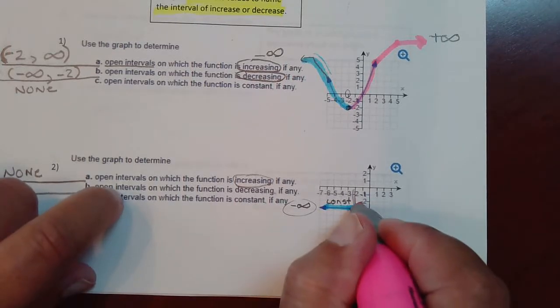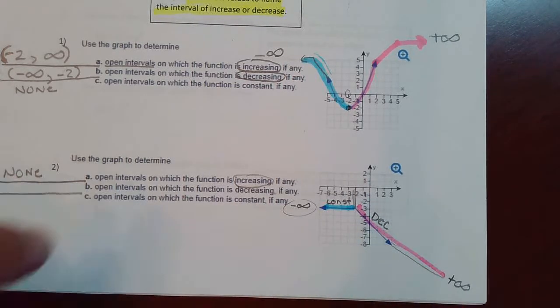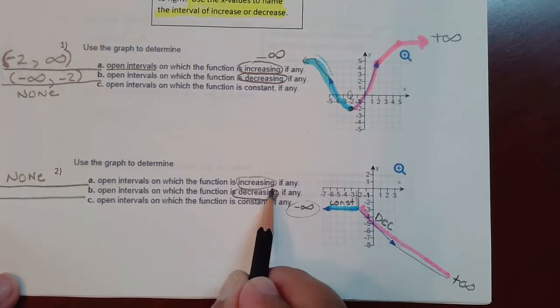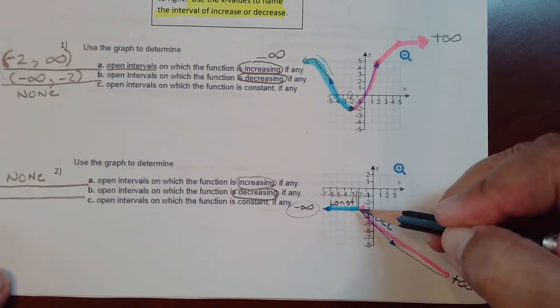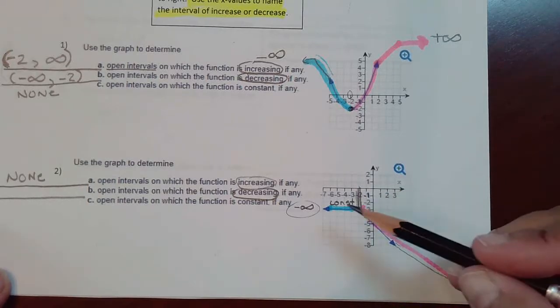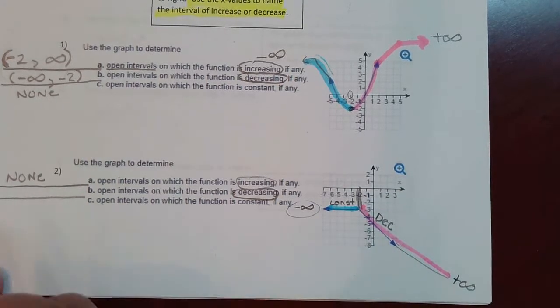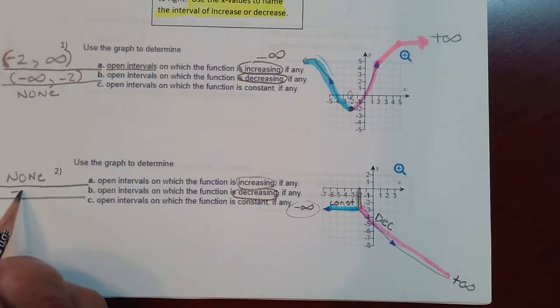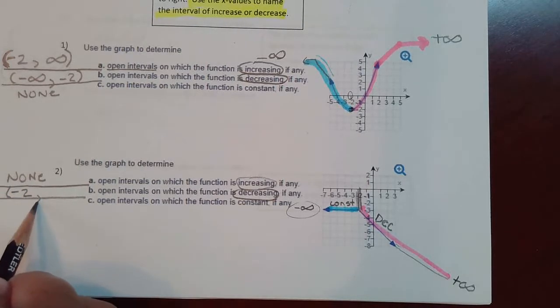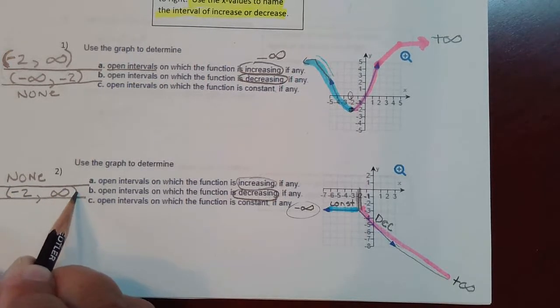So this would be your decreasing portion. Okay, so the decreasing portion in part B starts right there at -2 where the constant portion stops. So -2 all the way to positive infinity.